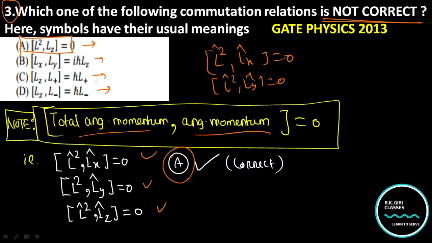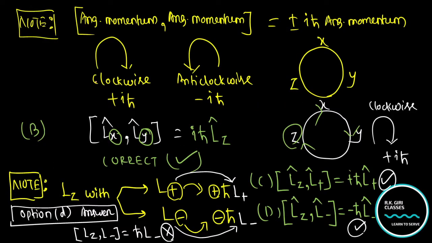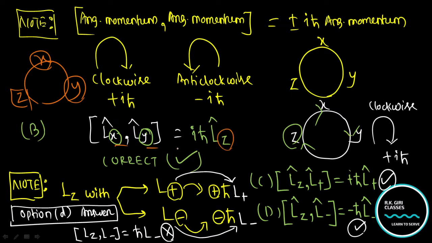Now coming to option B, you have to find out Lx and Ly. Starting from x, moving towards y, the rest will be z. Both have different coordinates, so it will not be 0.